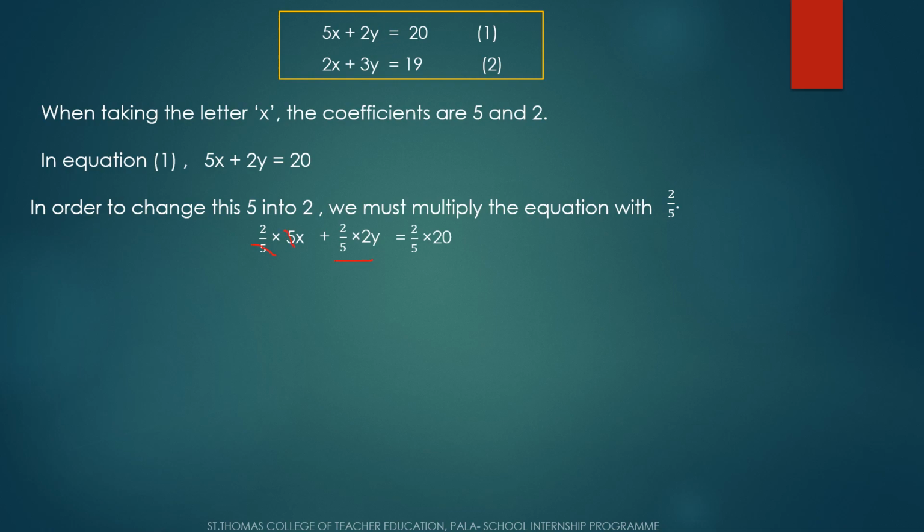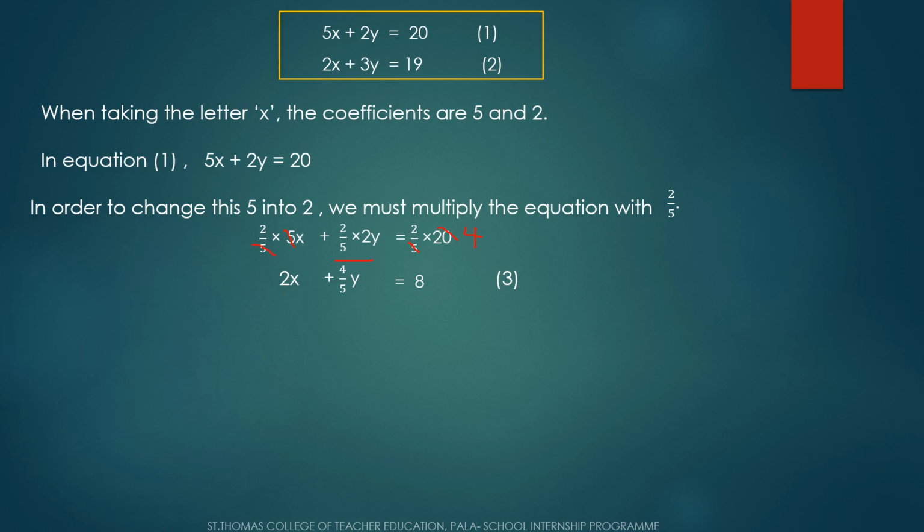Here there is nothing to cancel, and here we can cancel this 5 and this 20, and we get 4. Now tell me the next step. Good. 2 into x gives 2x plus 4 by 5 y equal to 8. We call this equation number 3. See, here the coefficient of x changed to 2. But what about y? It becomes a fraction.